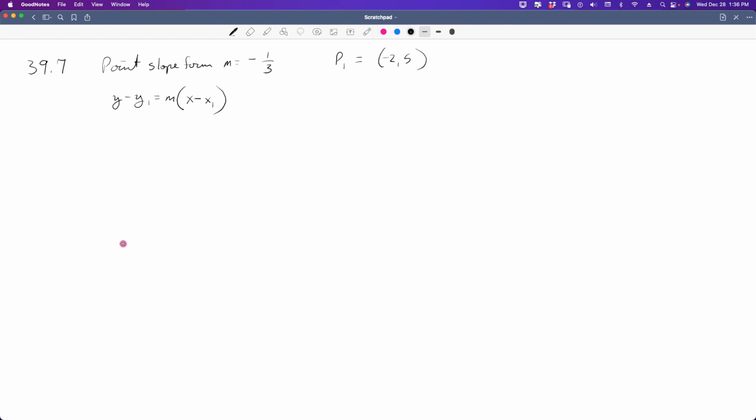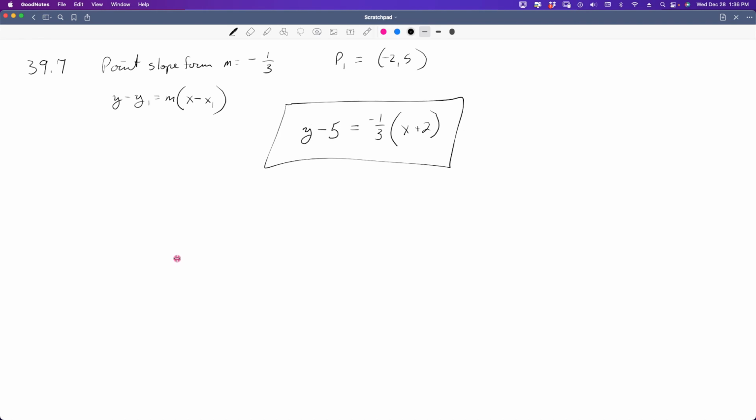All right, so that was really easy to do. All we have to do is say y minus our y1 is 5, and that's equal to our slope, negative 1/3, times x, and that's minus negative 2, so it's going to be plus 2. That's our point slope form. That was not hard at all.